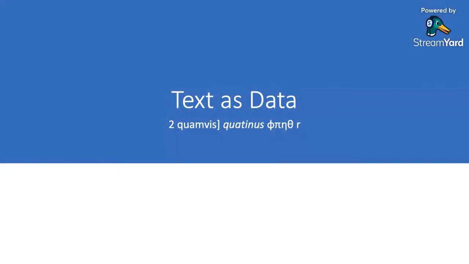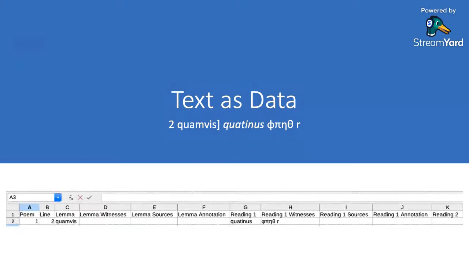If we think of our text as data, we can actually turn it into tabular data like this.